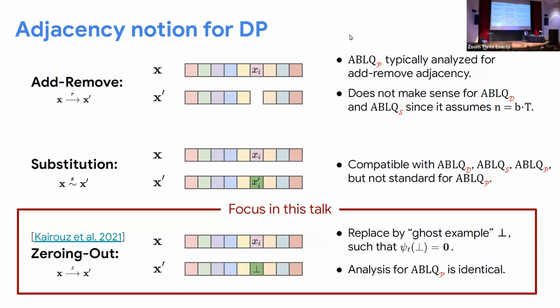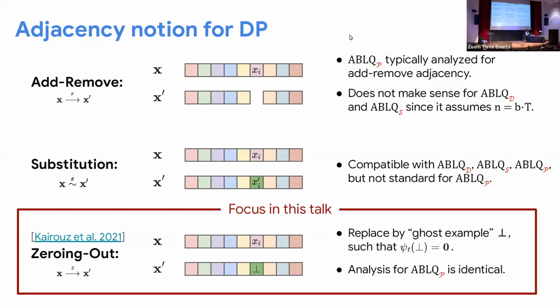Yeah, so I'll briefly describe the adjacency notion we use for DP, as this will affect how we do the privacy analysis. The commonly used notion is the add-remove adjacency, where we consider two data sets to be adjacent if they differ by adding or removing a single example. However, this does not really work for the deterministic or shuffle batch samplers because there we need each batch to have the same size.